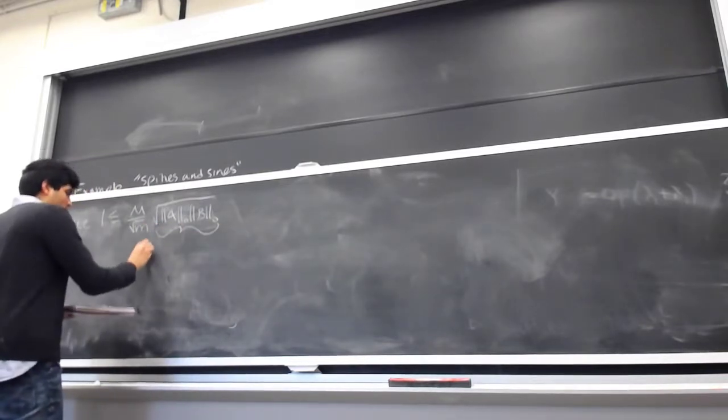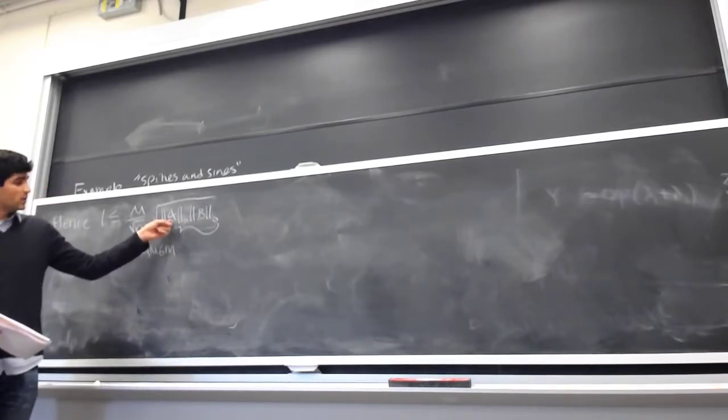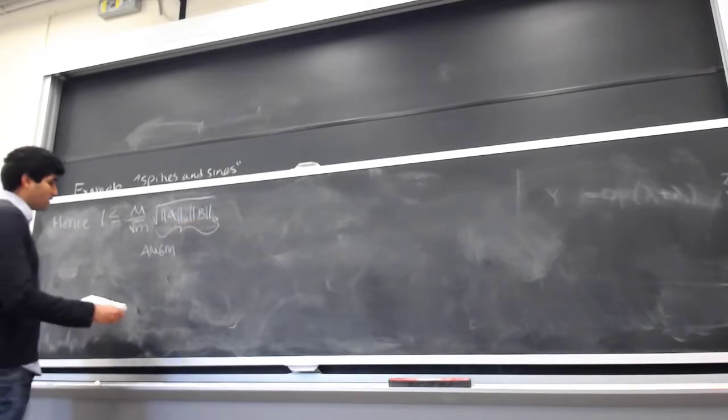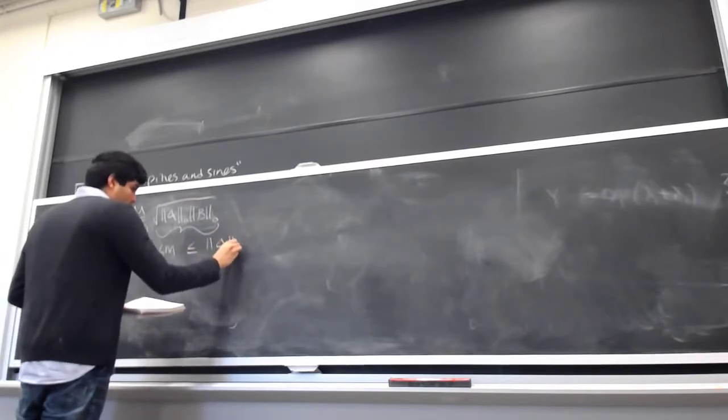And now what we can do is apply the AM-GM inequality. We know that this geometric mean between the sparsity of alpha and the sparsity of beta is in fact upper bounded by its arithmetic mean.